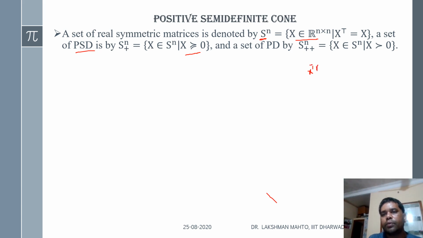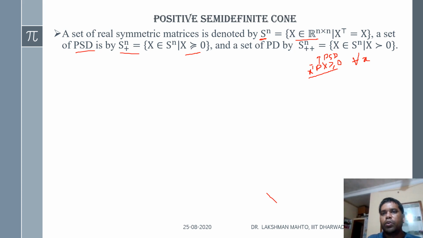There is a corresponding definition in algebra: if you are able to define the corresponding quadratic form, and the quadratic form happens to be non-negative for every x, then we say that the corresponding matrix P is a positive semi-definite matrix. For every x, this quadratic form is always greater than or equal to 0. So this is the definition of positive semi-definite with the help of the corresponding quadratic form.